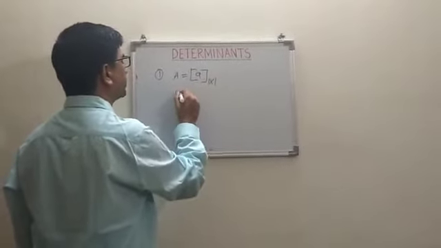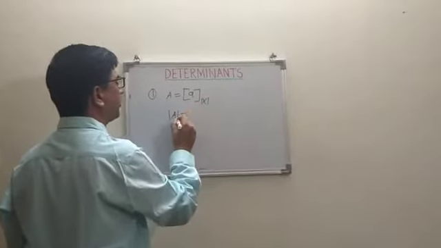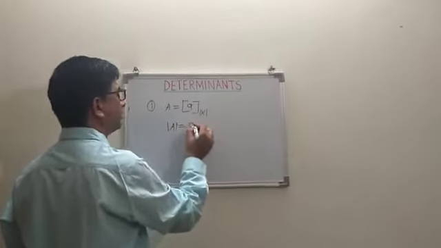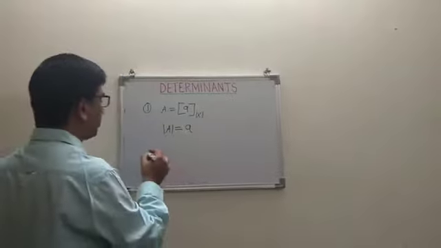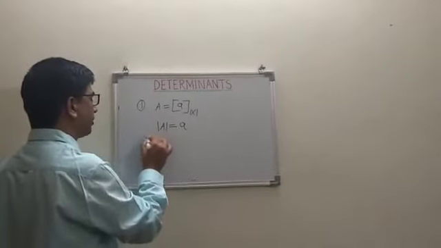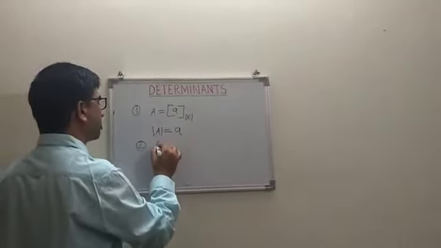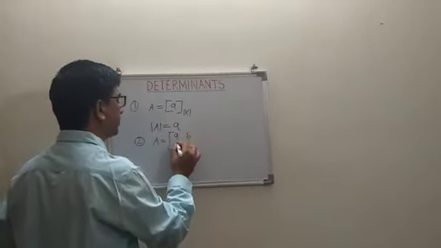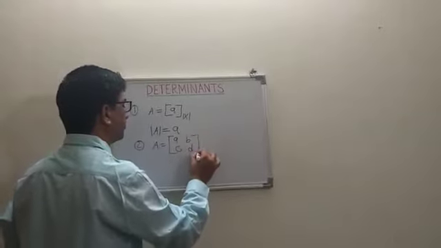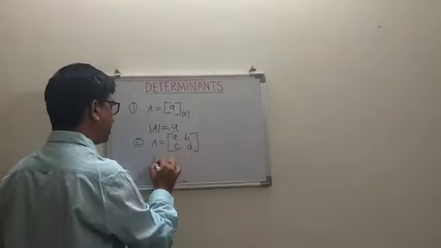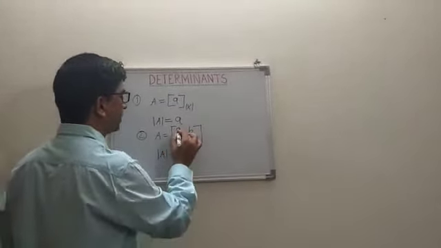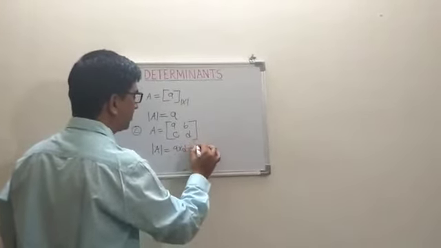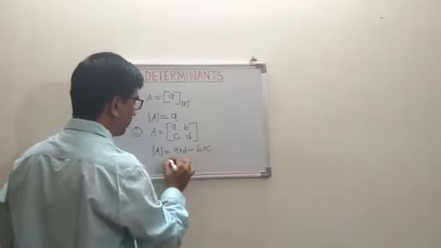The determinant of this 1 cross 1 matrix, that means order 1 matrix, is the element itself. Now for an order 2 matrix, how do we find the determinant? Suppose we have an order 2 matrix A, B, C, D. The determinant of this order 2 matrix is A into D minus B into C, that is AD minus BC.